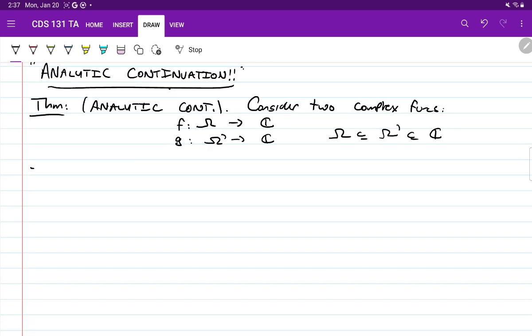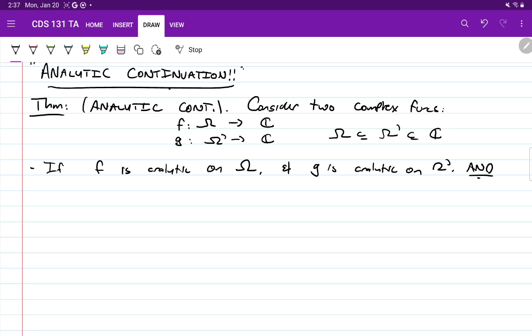So let's say f is analytic on omega, and g is analytic on omega prime, and the two functions agree on the smaller set omega. That is, f of s equals g of s for all s in omega.